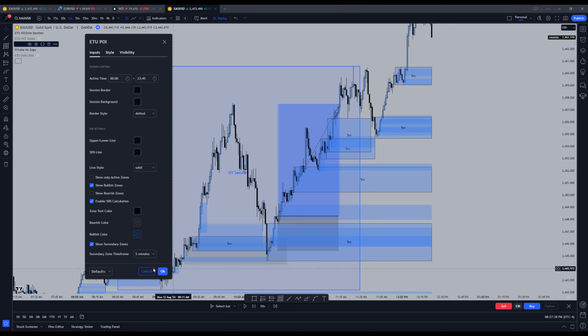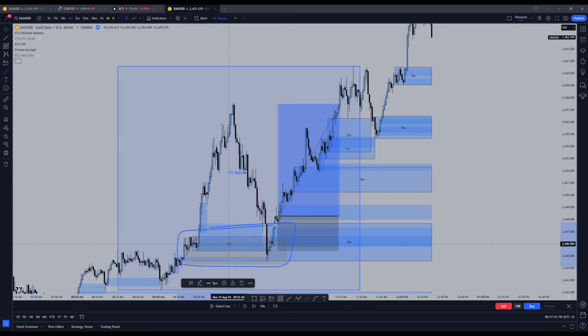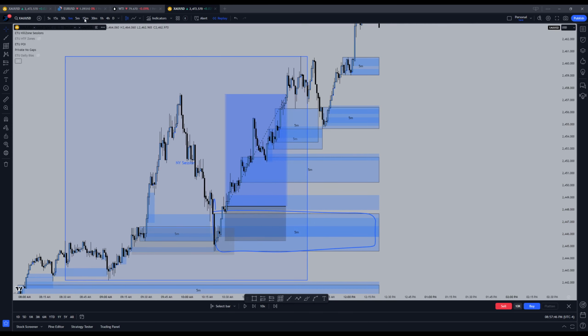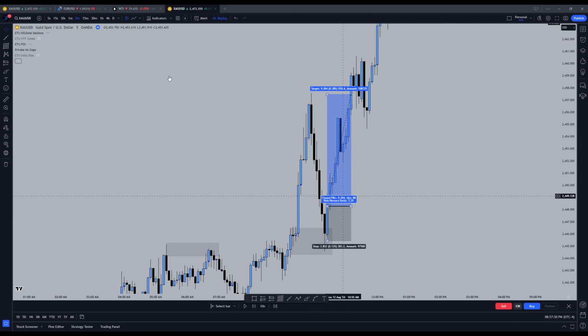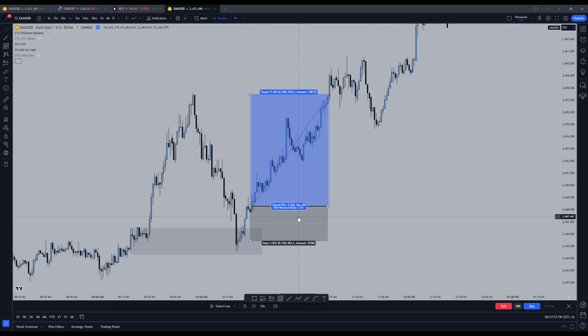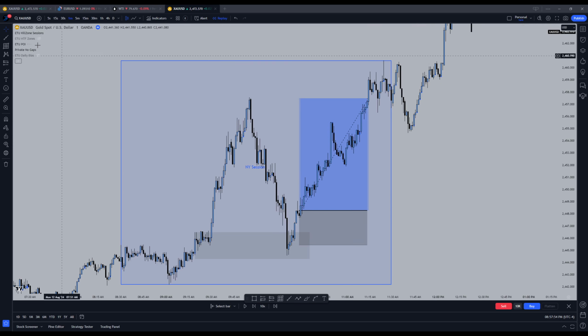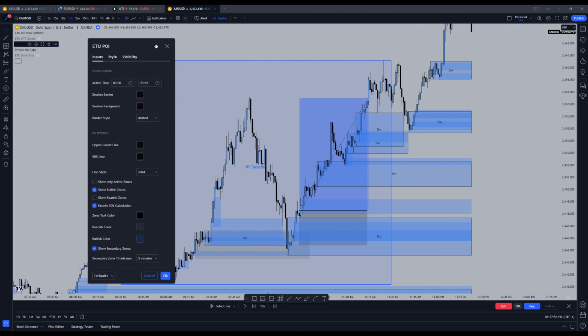You can see how it's drawing a 5 minute zone here, marked with the 5 minute, right? This here is literally a 5 minute POI, perfectly right there. It's drawing it automatically for you while you're still on the 1 minute. Using this, you're able to see higher time frame zones without having to switch time frames.